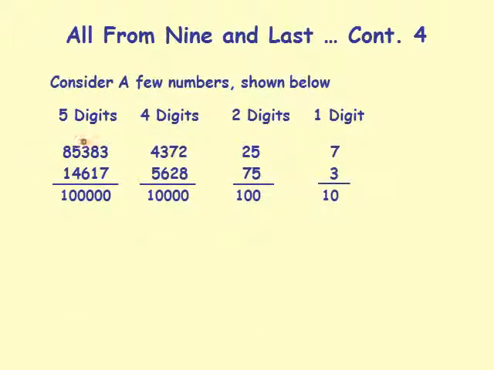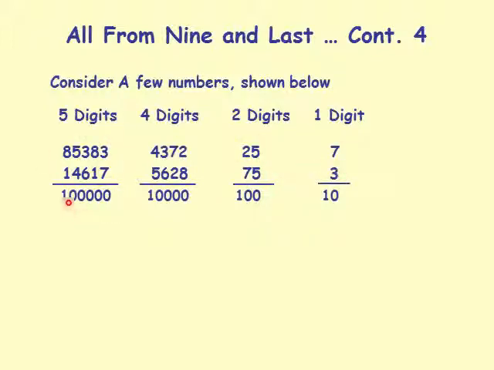Let's continue here with all from 9 and last from 10. So far we have these examples: the first with 5 digits, next 4 digits, next 2 digits, next a single digit. Then we computed the all from 9 and last from 10 of the number above in each case.